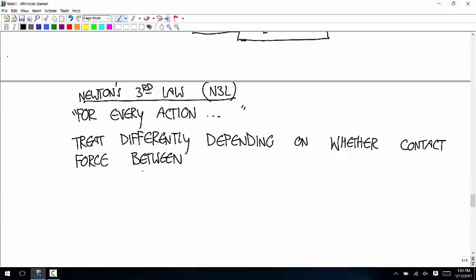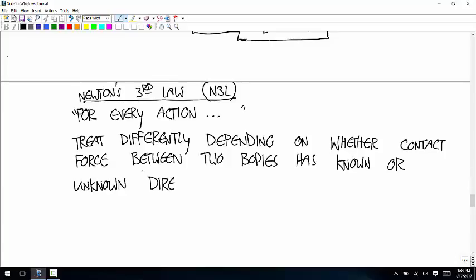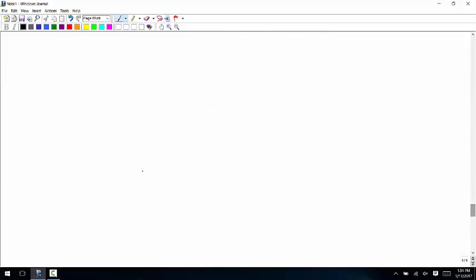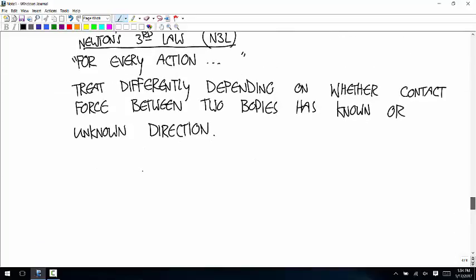So a contact force between two bodies has a known or unknown direction. In the case of a force with an unknown direction, it's especially easy.